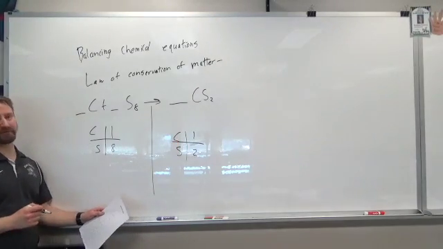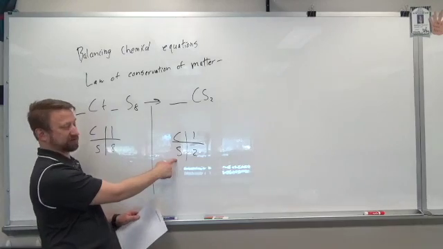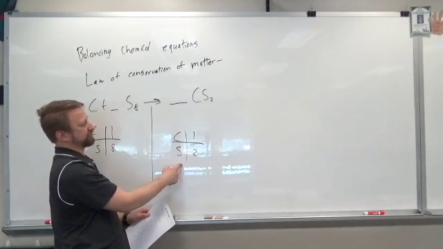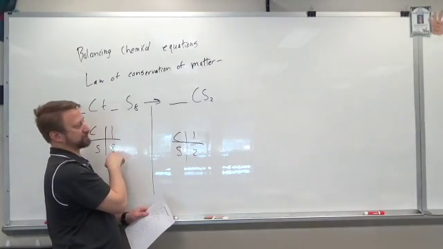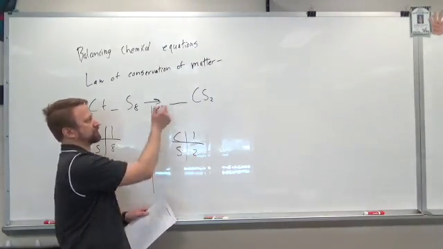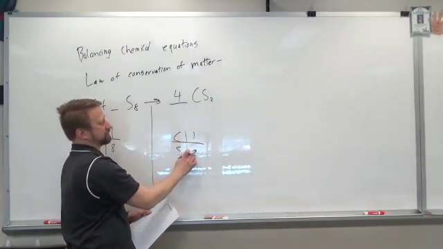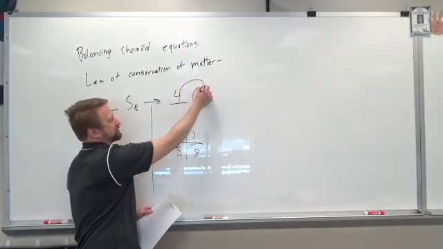Carbons are happy, so I'm going to leave those alone. S, I have 8 over here, 2 over here. This side needs to go up. So I can ask myself, what times 2 gives me 8? So 4 times 2 is 8. Right, so I have 8 here. But remember, it's distributive, so I have 4 times the 2.